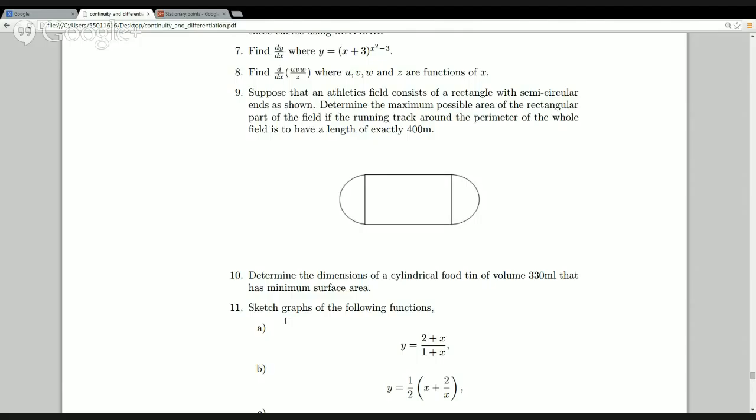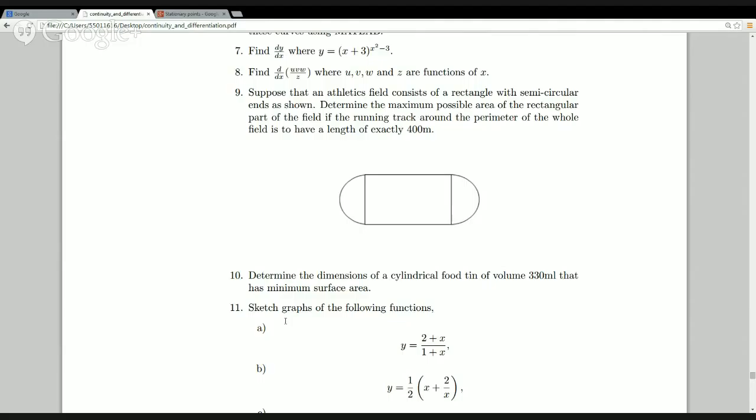Now these should be functions of r and h. R and h characterize a tin, so we should be able to express the volume and the surface area in terms of those. Well, the volume of a tin is the area of the circular cross section, which would be pi r squared, times the height.